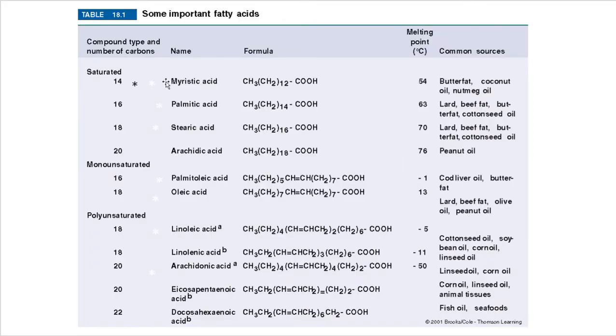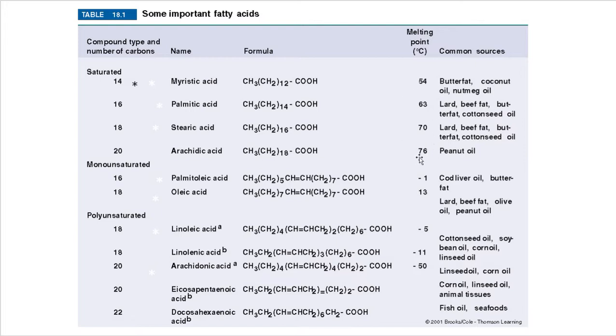Here you can see different fatty acids. The saturated ones that have atoms of carbon from 14, 16, 18, 20 have melting points of 54, 63, 70, and 78. What happened with them?